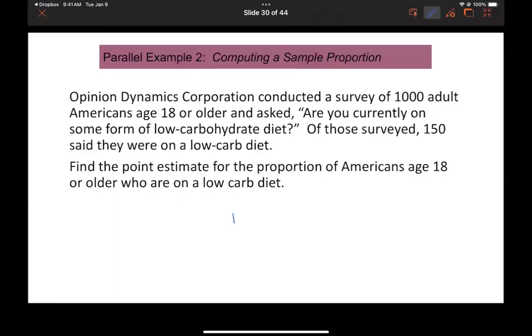Once again, p hat equals 150 successes over 1,000 adults. So 15% of that sample stated that they were on a low carb diet. Any question about p hat? All right.